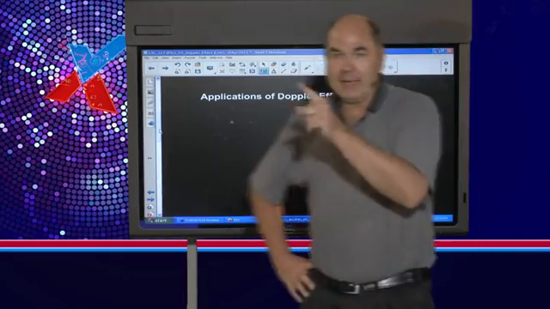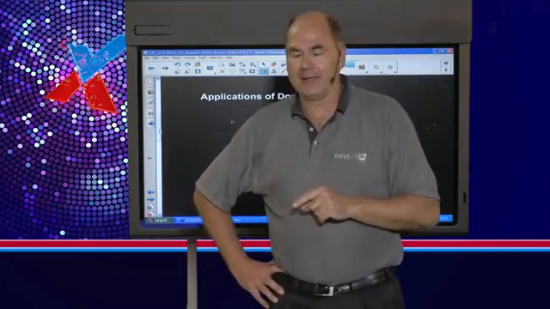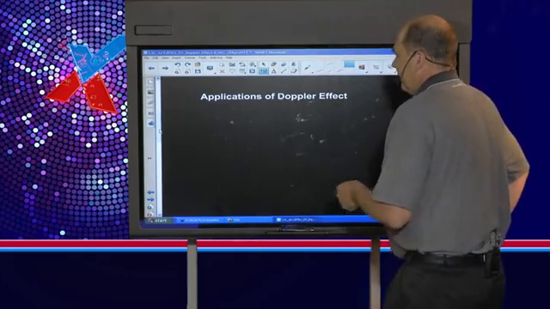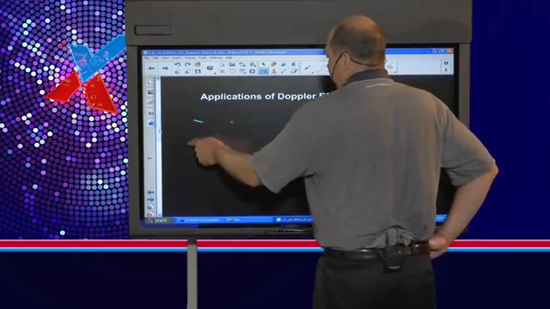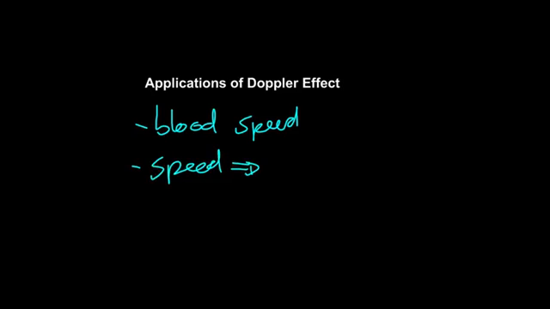There's just one little thing I need to say before we take a break, because I can see we're out of time. Applications of the Doppler effect are in the notes, but the main one is looking at blood flow and the speed. Another one is related to speed. They sometimes use it together with radar for the speed of vehicles.